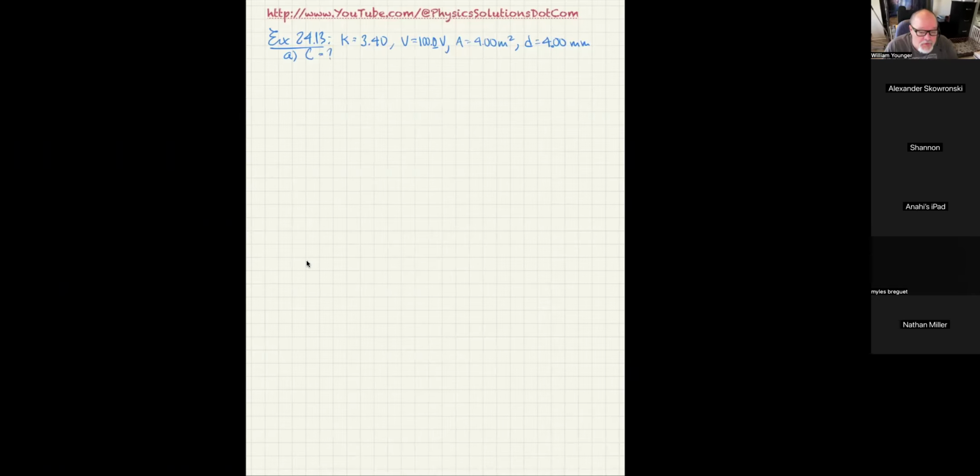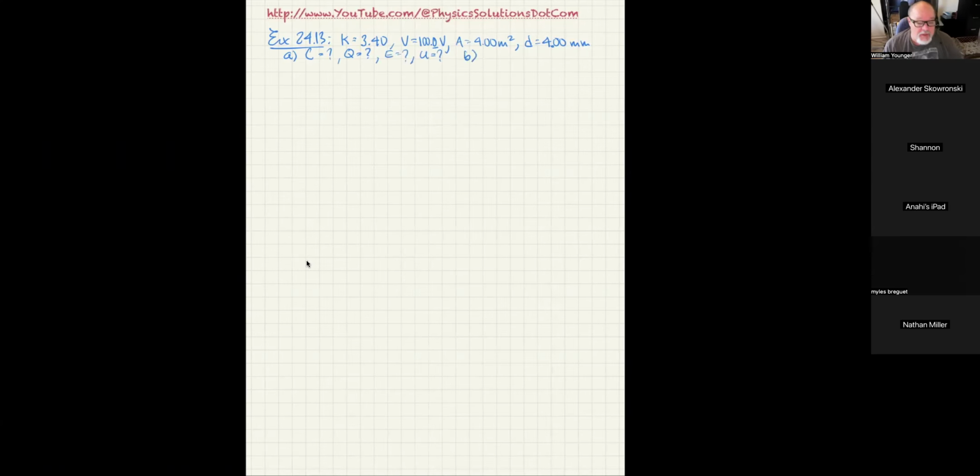We also want to know the charge on the capacitor, so that would be Q. Again, not Q0, because we're talking about when the capacitor has the dielectric in it. The electric field strength and the energy stored. So all of those are questions.